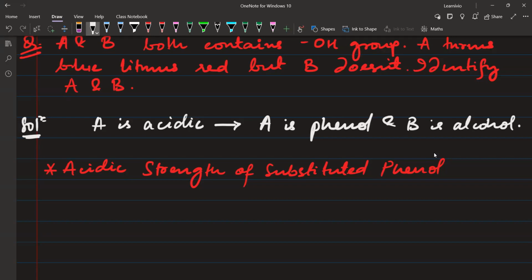So basically, we have two different groups which can be attached on phenol. Those are going to be electron donating group. And these are basically the plus M groups. And when you add any electron donating group, it is going to lower the acidic strength.